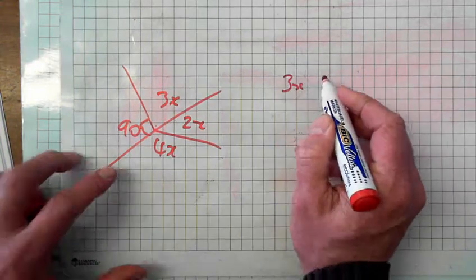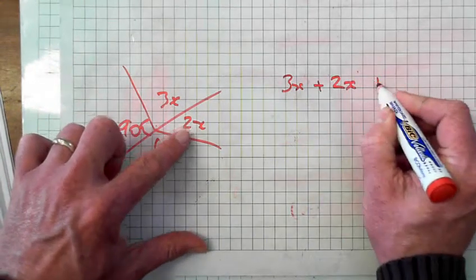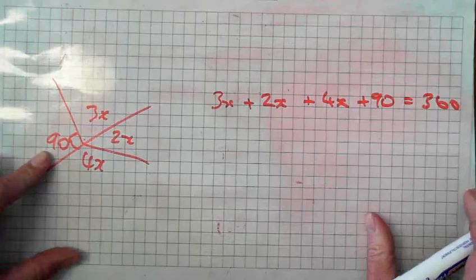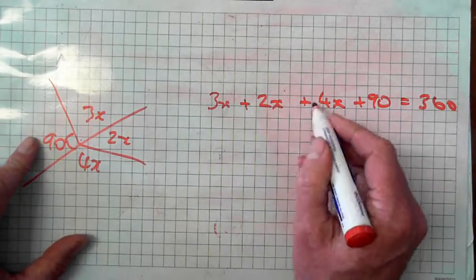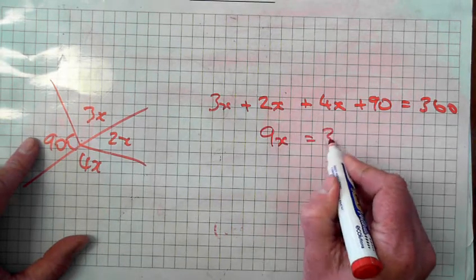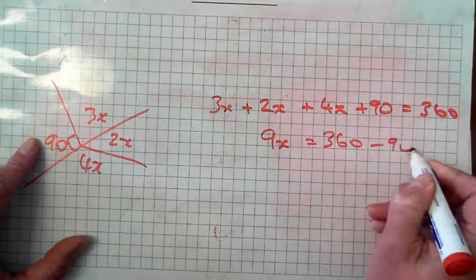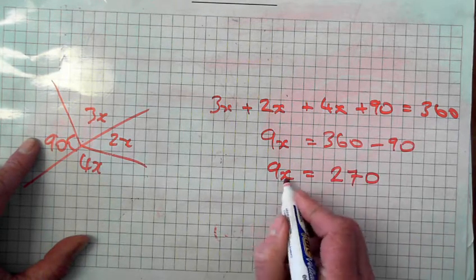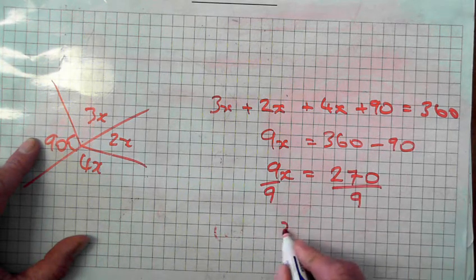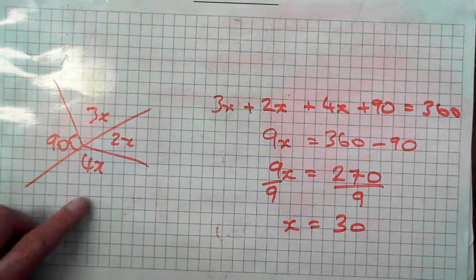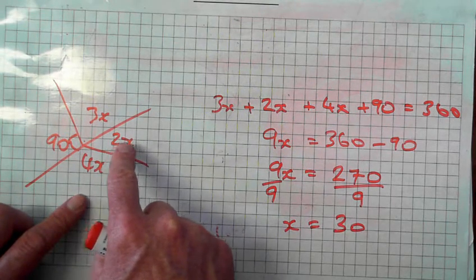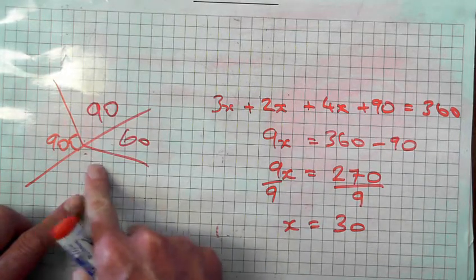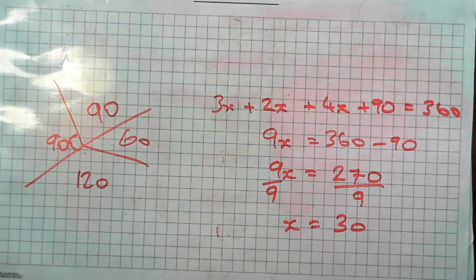So we go 3x plus 2x plus 4x plus 90 is equal to 360. And we add up the x's. 3 and 2 is 5 and 4 is 9x. And we move the 90 across. 9x is equal to 270. Divide both sides by 9 because I want to get rid of the 9. X is equal to 30. So 2 times 30, 3 times 30, 4 times 30 is 120.